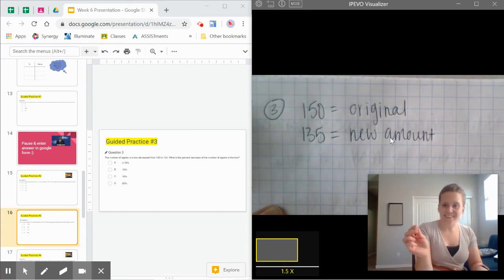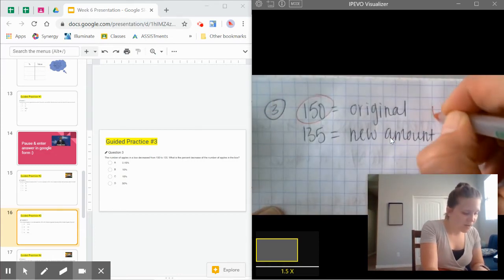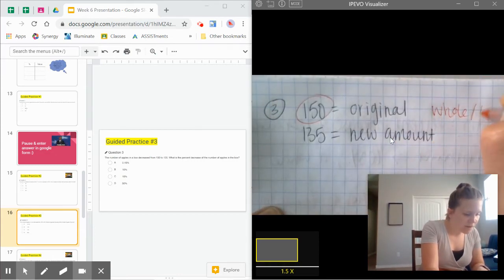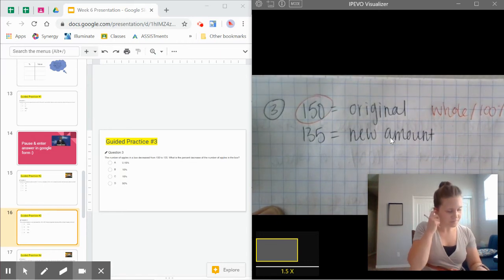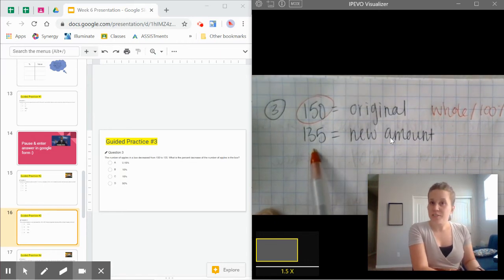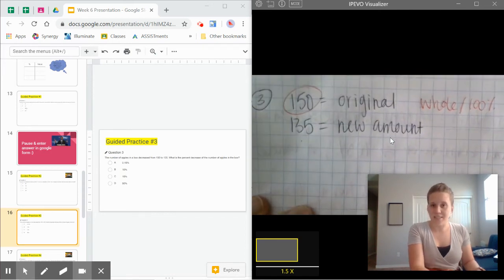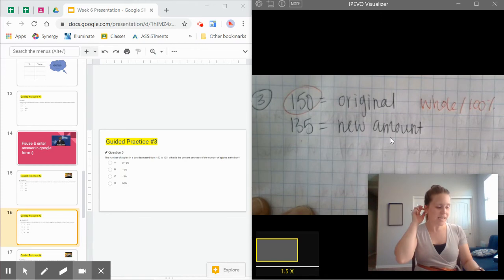So I'm changing color. Here is my whole, or my 100% value. Is 135 my part? No, 'tis not. If I want to find my part, I'm thinking about how much did it increase? I'm sorry, decrease. How much did it decrease?